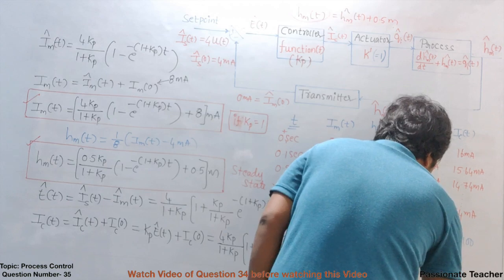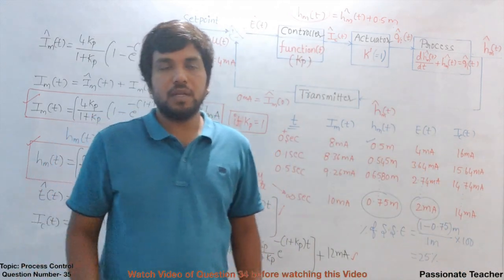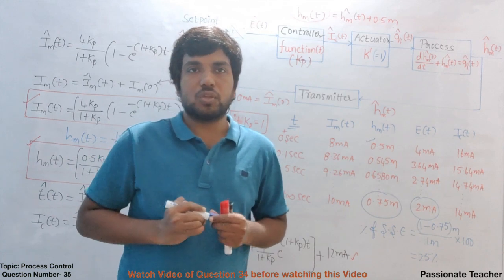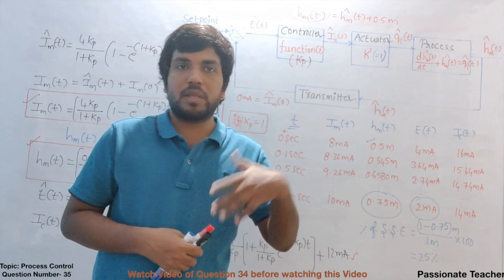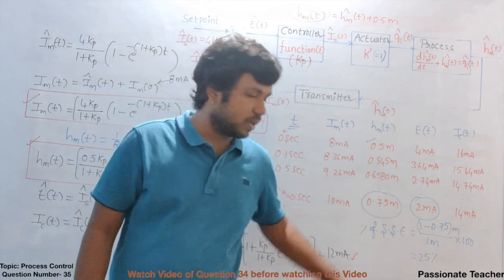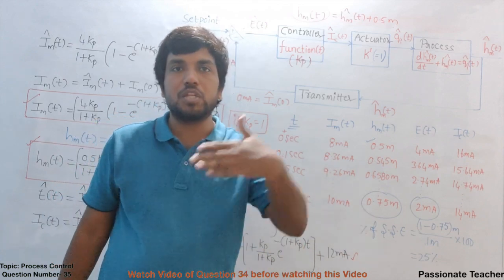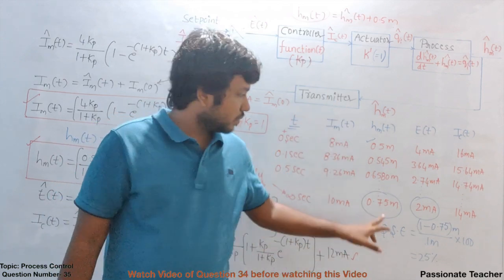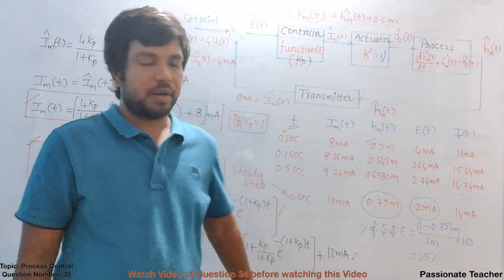That will come down to 25% error even at steady state. Clear? So this is the biggest challenge with the proportional controller. Unfortunately, whatever gain you use, or even if you increase the gain, this steady state error cannot be eliminated. This means you will not be able to reach the 1 meter height. I mean, the water level will not reach the 1 meter height.